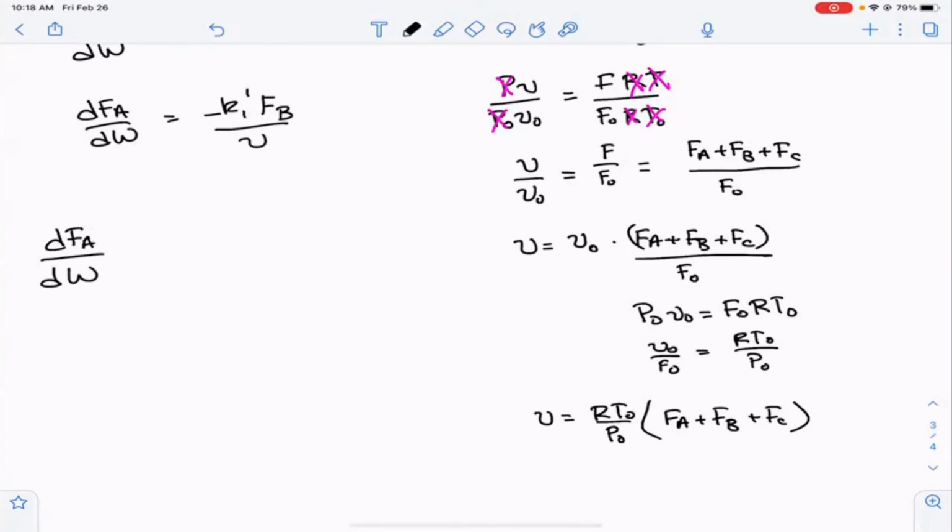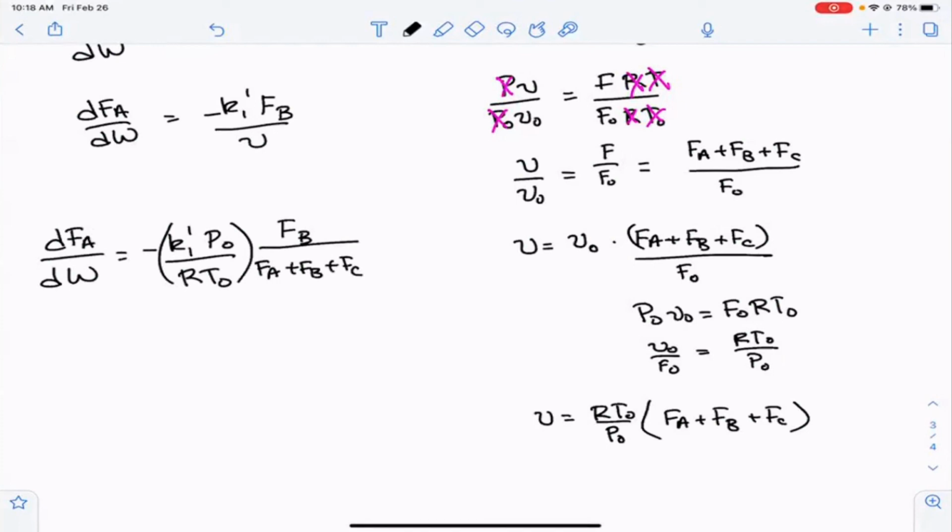dFA/dW is then equal to minus K1 prime times P0 over R T0 times FB over FA plus FB plus FC.